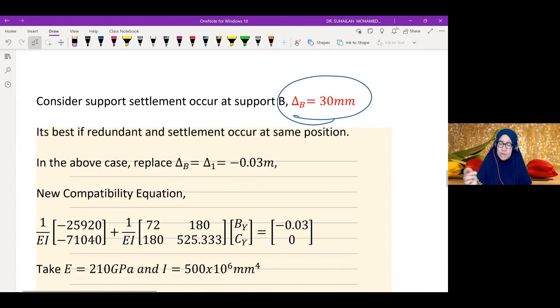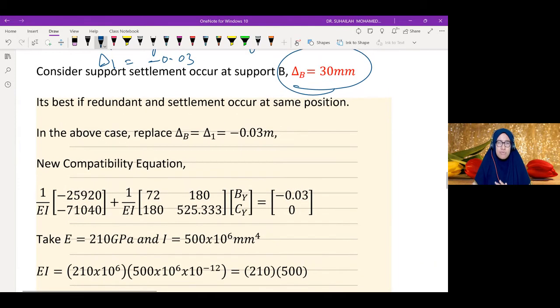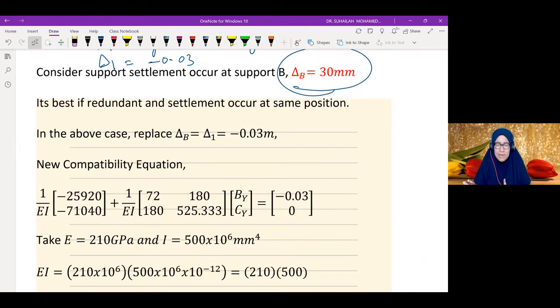So we have to apply delta B, because R1 is BY and R2 is CY, so we apply delta 1, which is equal to negative 0.03. It will not affect any displacement value that we have just calculated. We just need to change it in the actual system.